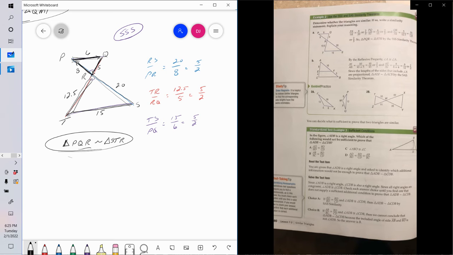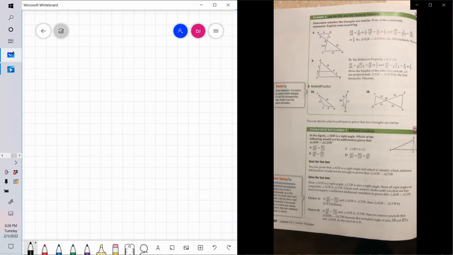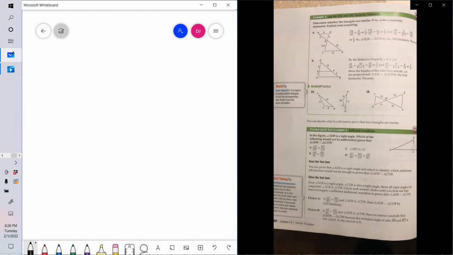Now, let's look at example 2, because I want to do example 2 and I want to extend this one just a little bit. This one's a pretty interesting diagram. We have A, B, C, and E, F. Notice that AF is 10, FB is 5.